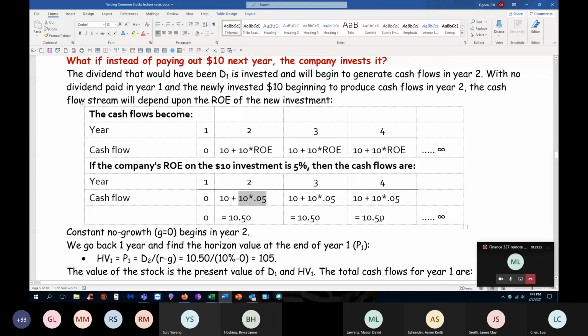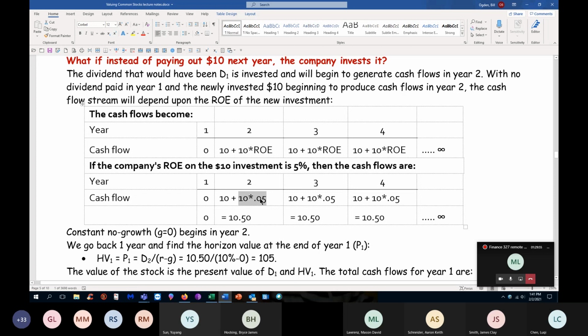What we'll be doing in class on Thursday, we will go through 3 different scenarios. One will be this one, where we can only earn 5%. Scenario number 2 will be we can earn exactly 10%, our current ROE. And then the next scenario will be what happens if we earn above the ROE on this $10 investment?